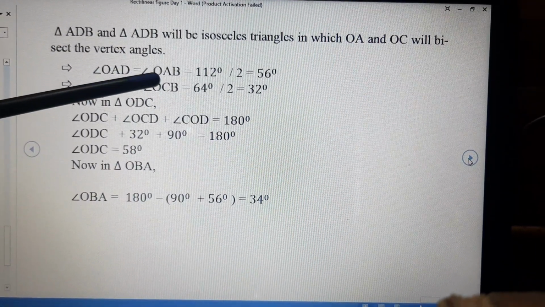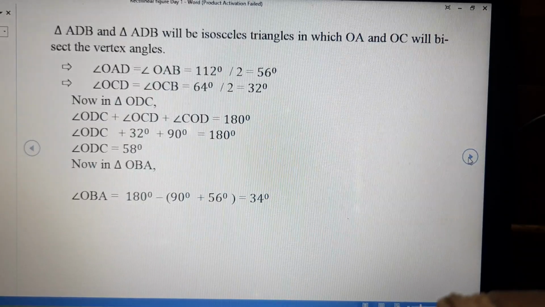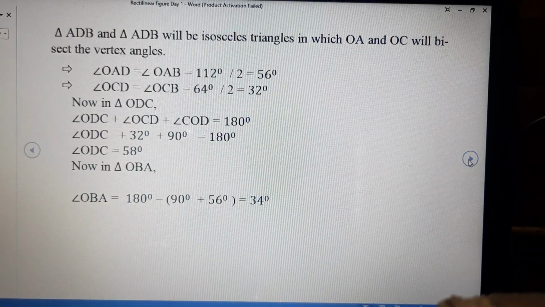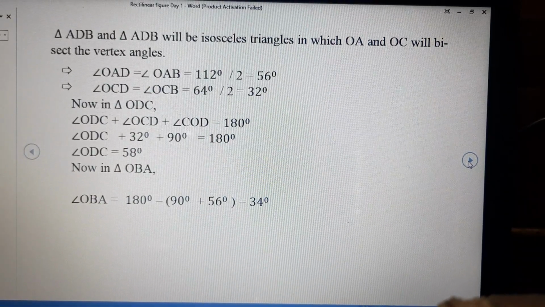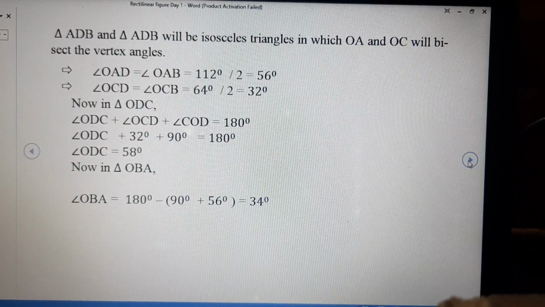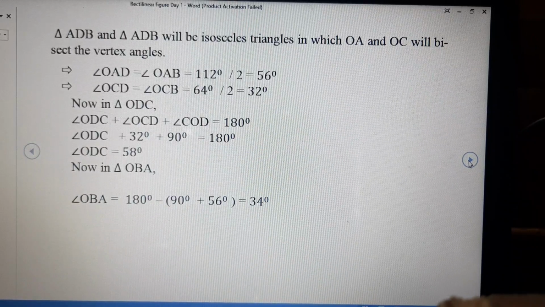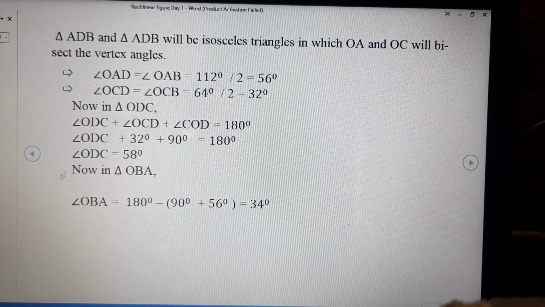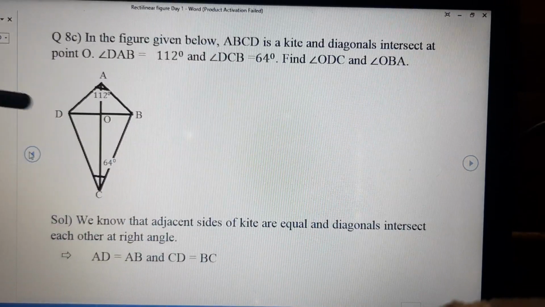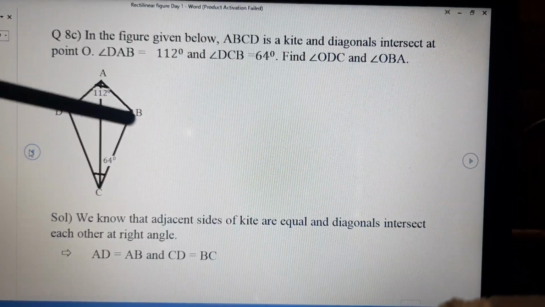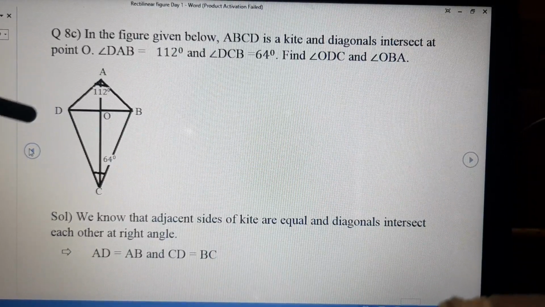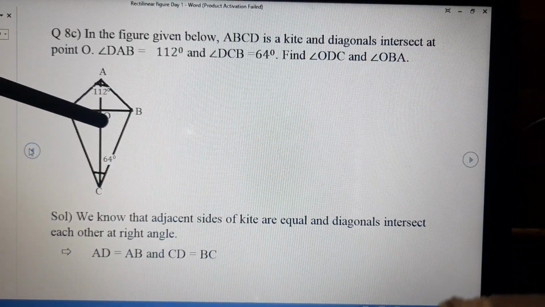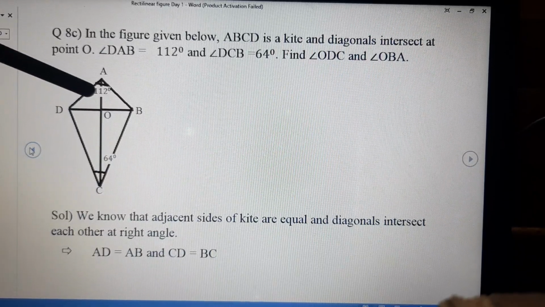We have done the same thing. Angle OAD is equal to OAB, which becomes 56, because they are isosceles triangles and the perpendicular will bisect the vertex angle. Likewise, in this triangle, AD and AB are equal, isosceles triangle, OA is the perpendicular which is dropped. This angle becomes 56.